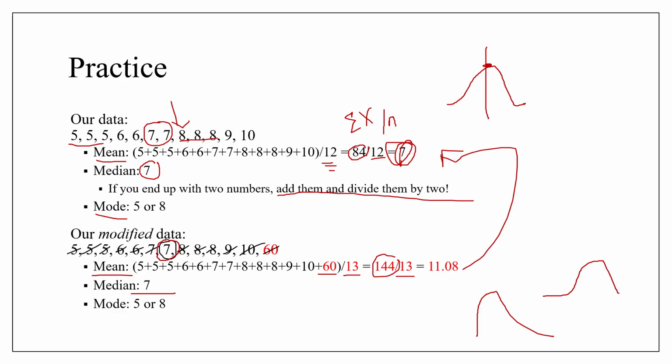So again, when we have skew distributions like these right here, the median and the mode are going to be the best measures of the typical score. Why? Because as we can see, these two are still the same as in this data set. They're not as affected by the presence of extreme scores, which was the case with this 60.